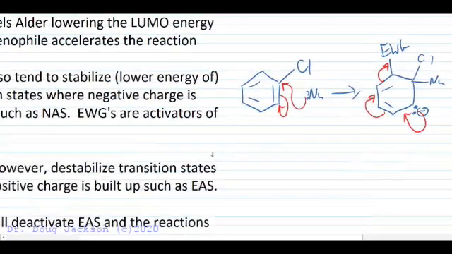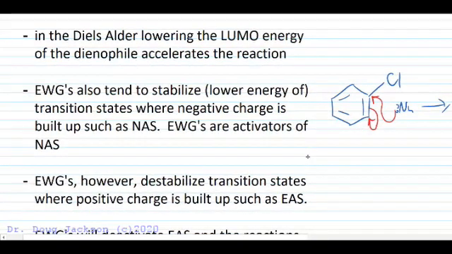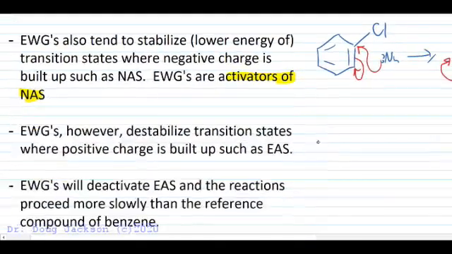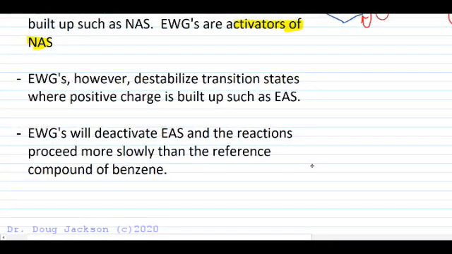So we would say that withdrawing groups are activators of nucleophilic aromatic substitution. But if we have positive charge built up at the transition state or in the next intermediate of that rate limiting step, we're going to see that we are deactivating because it raises the energy of positive charge in that transition state.